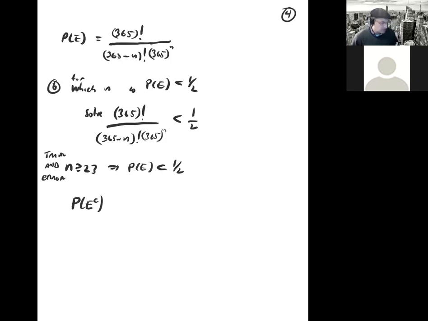E complement is the event that two people in the room have the same day of the year, which they call their birthday. And if P of E is less than 1/2, then P of E complement is bigger than 1/2. So it's better than 50% odds that if you have at least 23 people in the room, 2 of those people will have the same birthday.